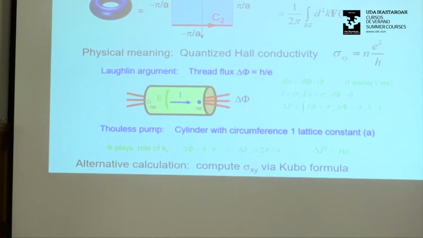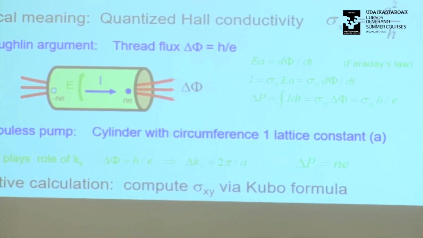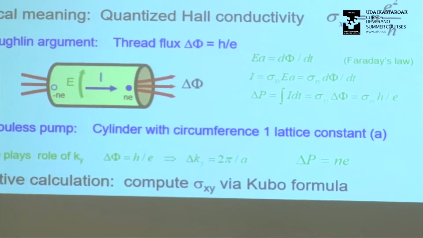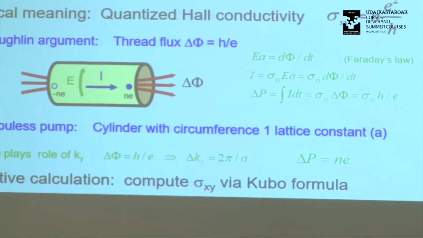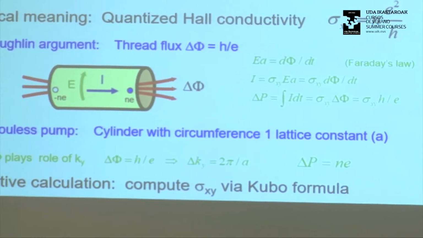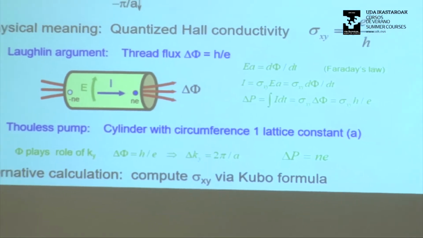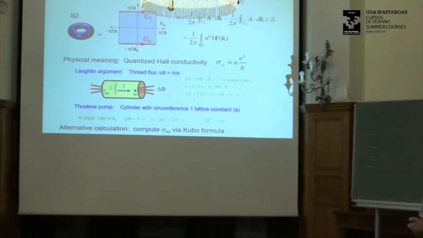And so put those two together, that tells us that the Hall conductivity is the Chern number. And that's the essence of this idea. So two-dimensional band structures are characterized by an integer, and that integer tells us the quantized Hall conductivity.